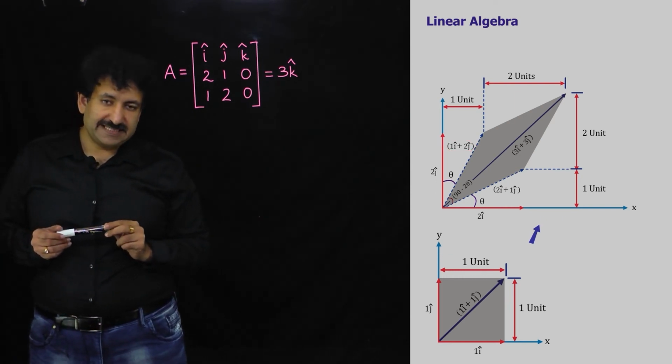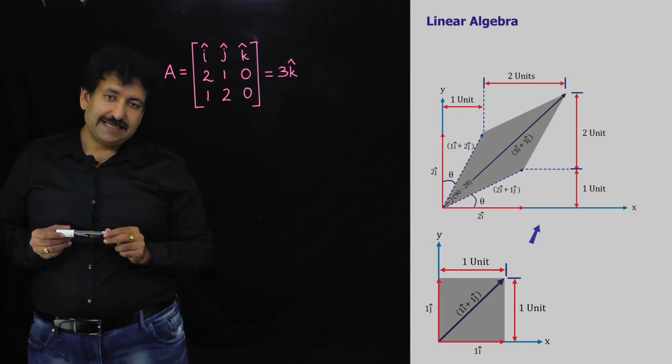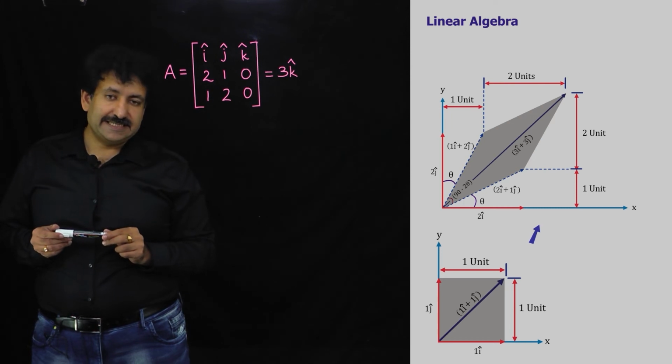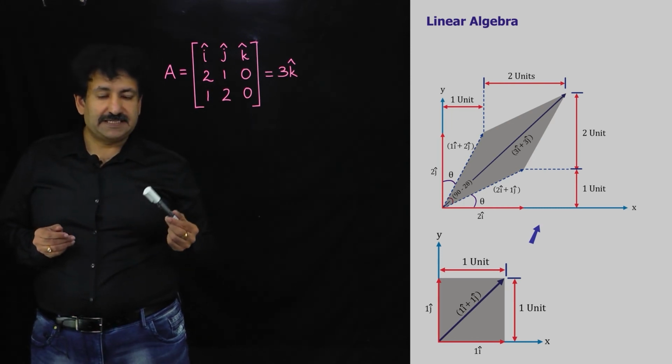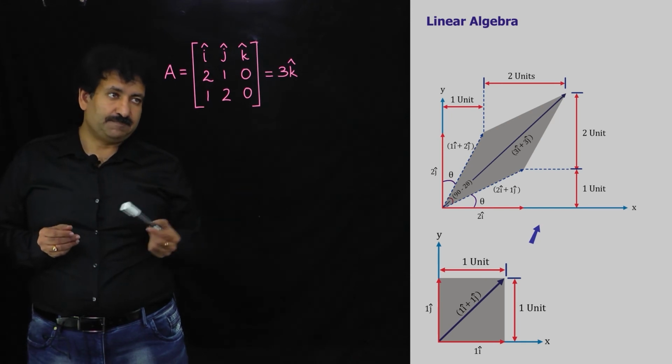Now, what is to be emphasized here is that area is a vector quantity whose direction is given by a normal unit vector, that is, a vector perpendicular to the area.